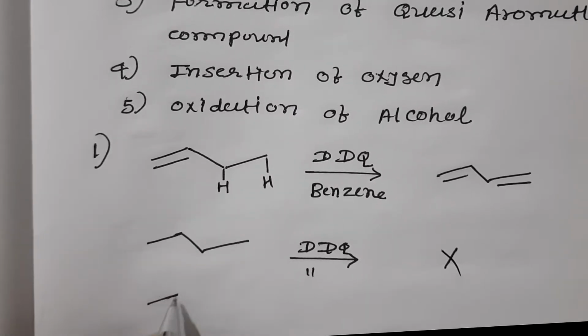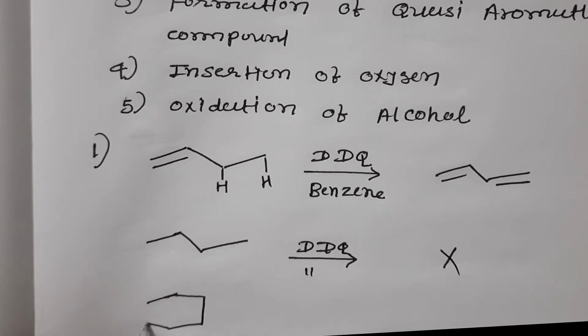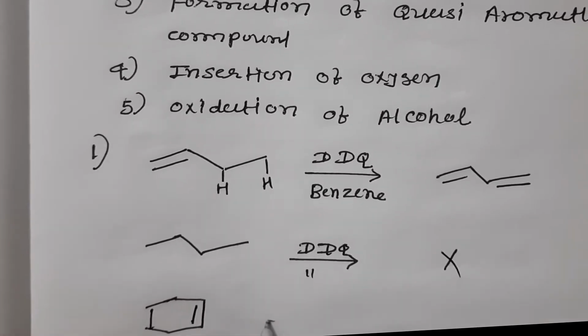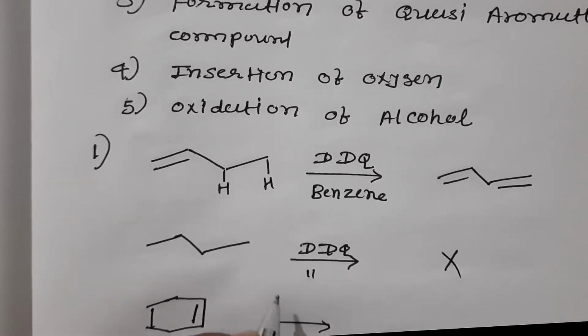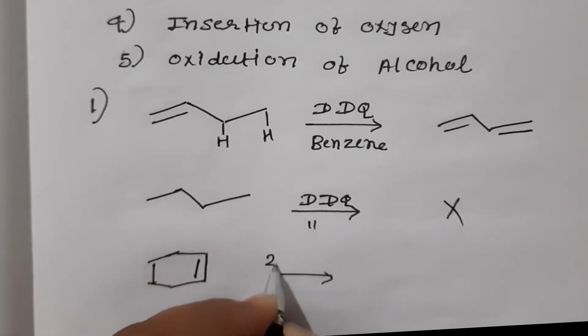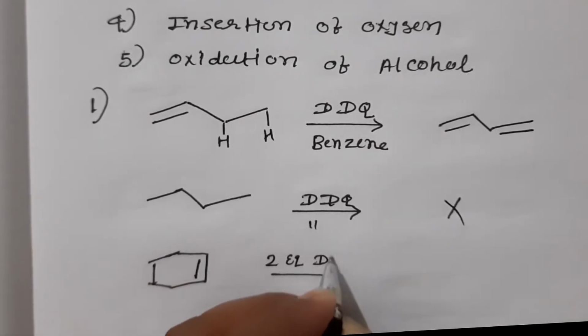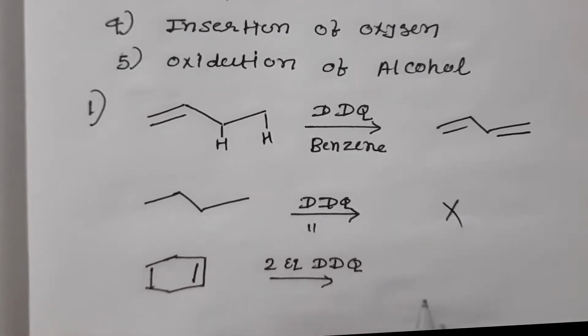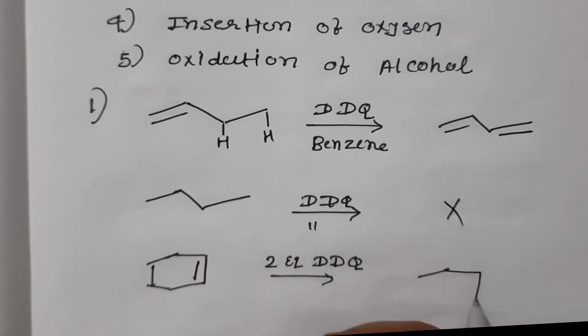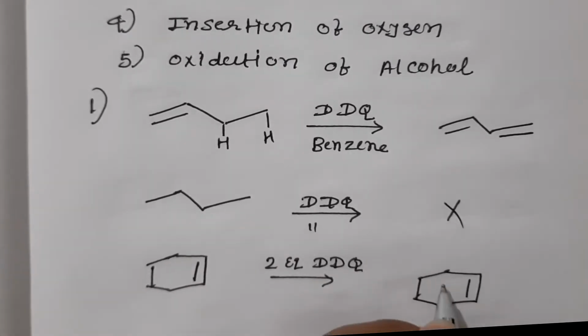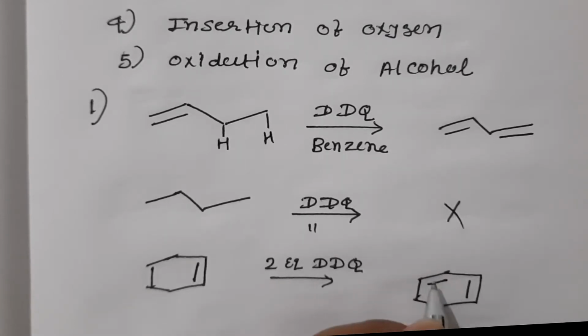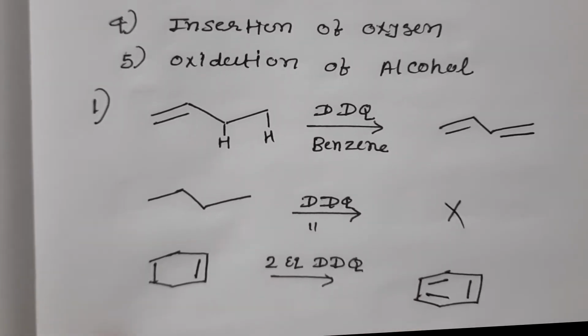Suppose we take cyclohexene and use two equivalents of DDQ, it generates two double bonds. One DDQ generates one double bond here and another double bond here. So this is the main application.